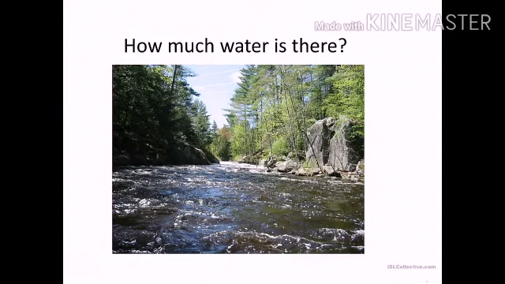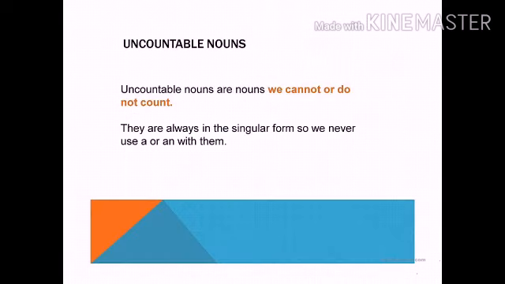Now, see the picture. How much water is there? No, you are not able to count. But why? Yes, because they are uncountable nouns. They are uncountable things, isn't it? The things that we cannot count, they are called uncountable nouns.